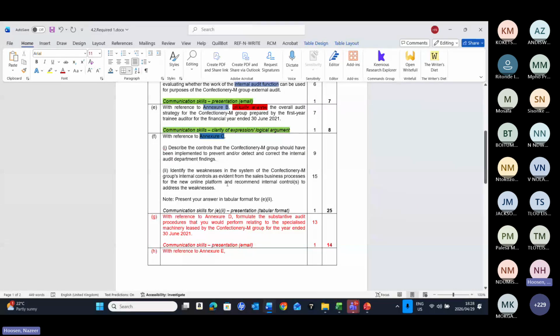A recommendation to address a weakness: if you see something that's not performing the way it should, the recommendation would be an elaboration of the weakness. And when we get into the solution, there are various examples which I will be demonstrating to you guys.